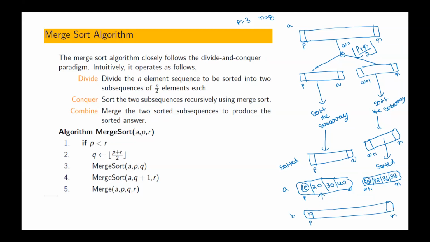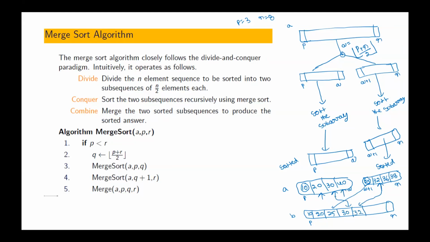Now 20 and 25 compare, which is small, 20 is small. You copy that and go to next. Now 30 and 25 compare, 25 is small, copy and go to next. Now 30 and 32, 30 you copy and go to next. Next 40 and 32, which is small, 32.